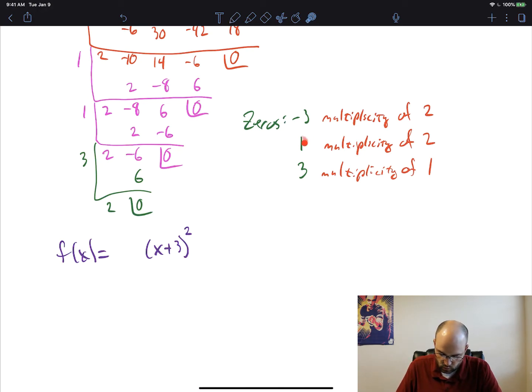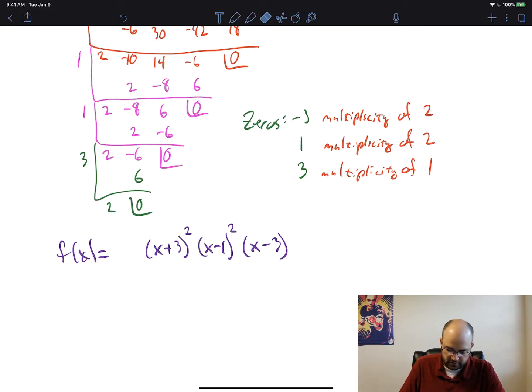And this 1 has a multiplicity of 2, so the factor is x minus 1. Multiplicity 2 means it's written down twice, so the exponent will be 2. And then this 3 here, the factor is x minus 3, and the multiplicity is 1, so technically it has an exponent of 1, but we don't like to write that.